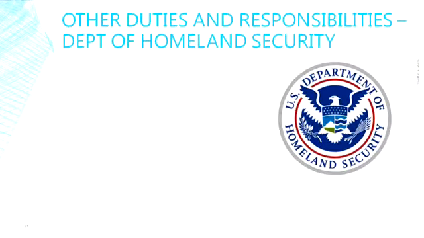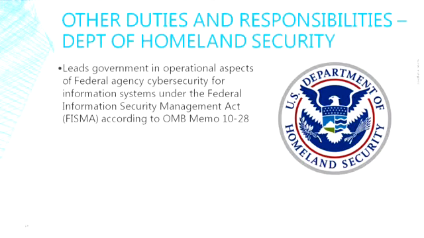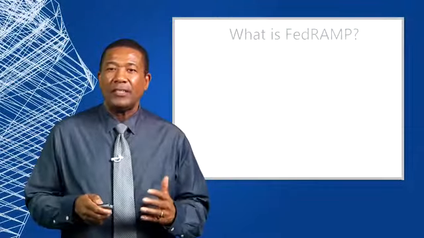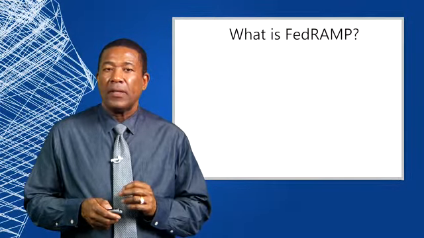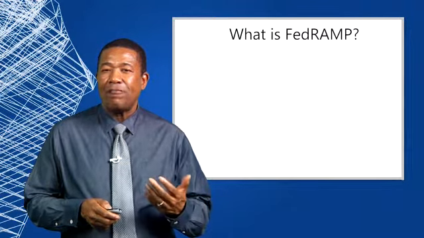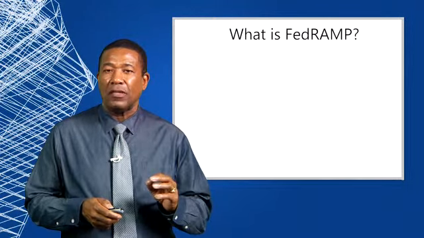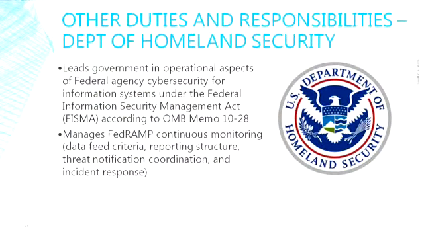Additional responsibilities of individual JAB members include the Department of Homeland Security's responsibility for leading the government in operational aspects of federal agency cybersecurity for information systems under FISMA. They must manage the FedRAMP's continuous monitoring for compliance to FedRAMP.